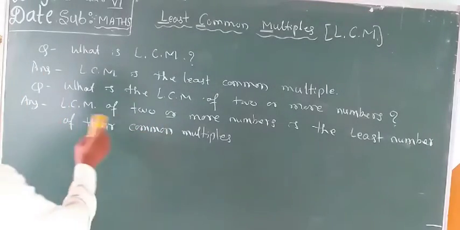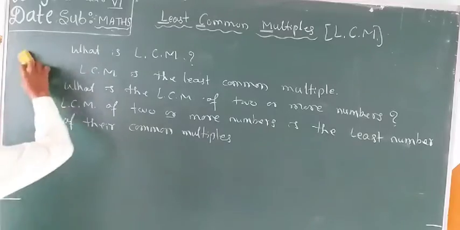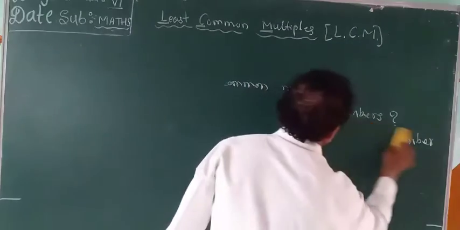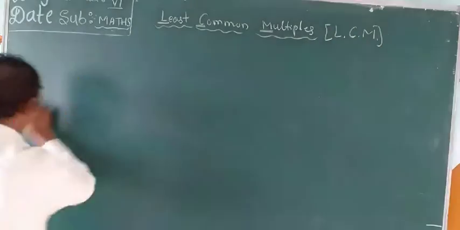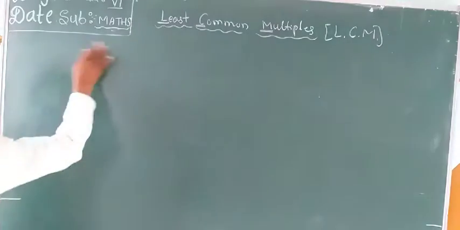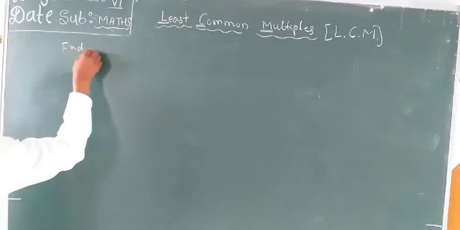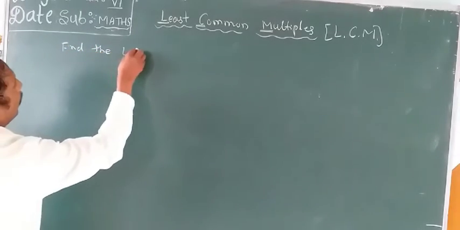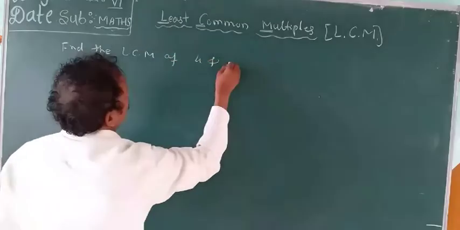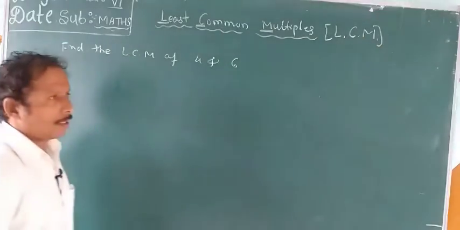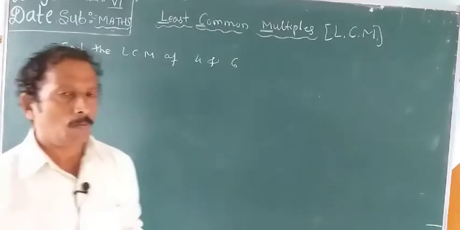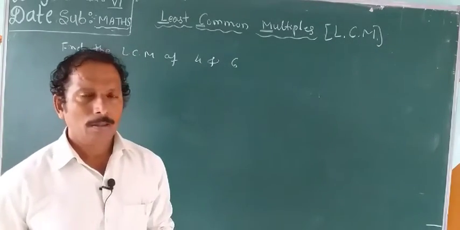Now students, let us study how to find the LCM of given two numbers or given three numbers. Let us take for example, find the LCM of 4 and 6. Students, in finding the LCM of any given two or more numbers, there are three methods.